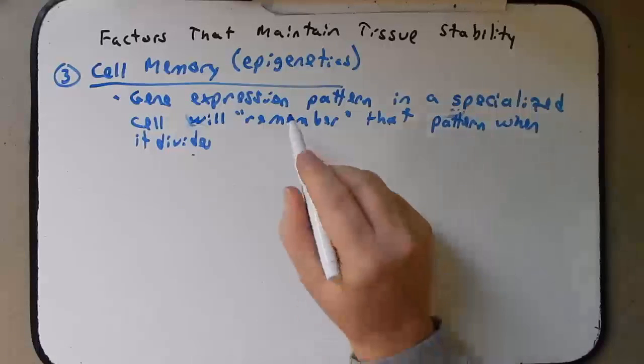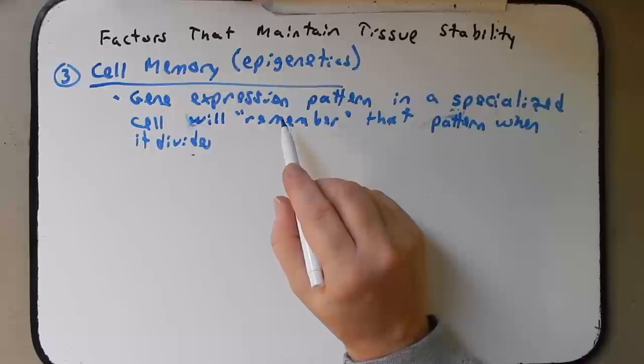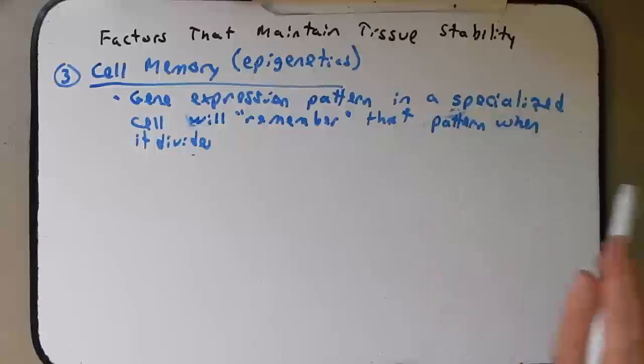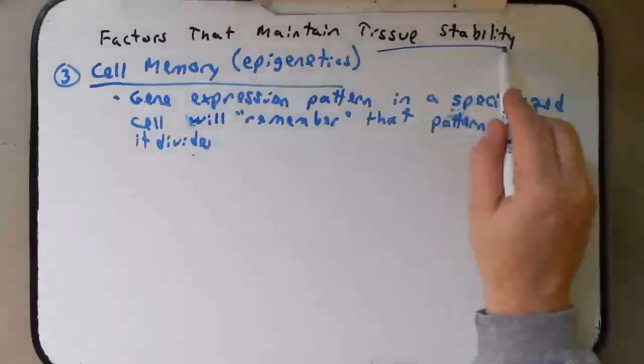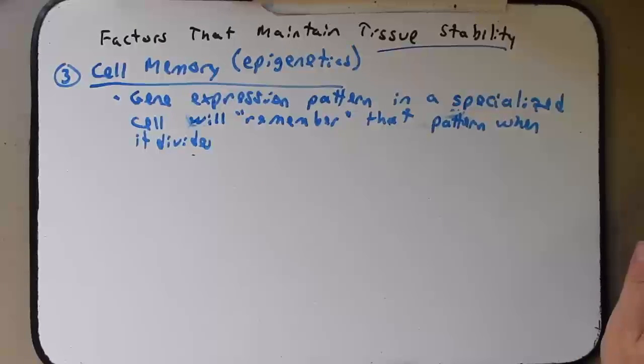But the point is that a certain gene expression pattern has been set within that cell, so that every time it produces a new cell, it knows which genes to express and which genes not to express. That helps maintain this stability. You don't have to reprogram the cell every time you produce a new one.